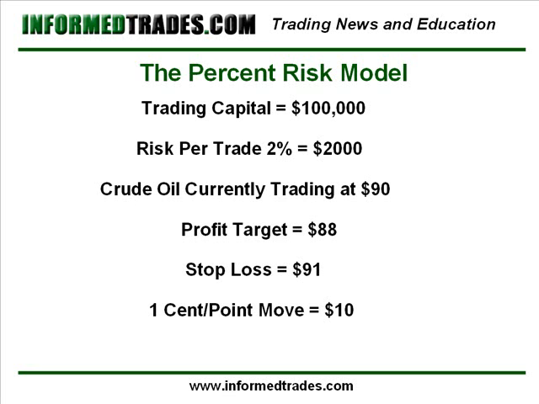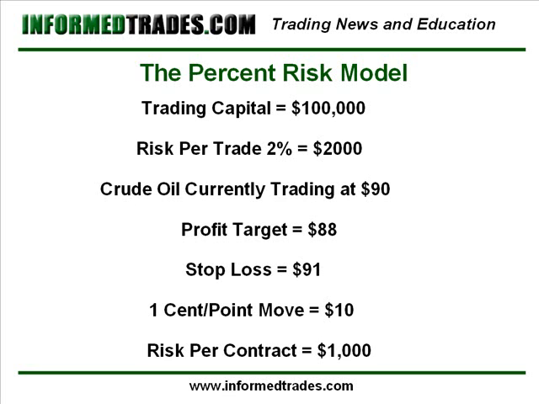Okay, so this gives you, from that $90 entry price to that 91 stop loss level, 100 points or 100 cents, which gives you 100 times 10 risk per contract equals $1,000.